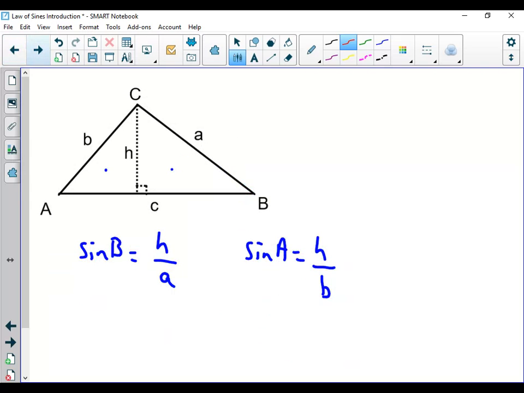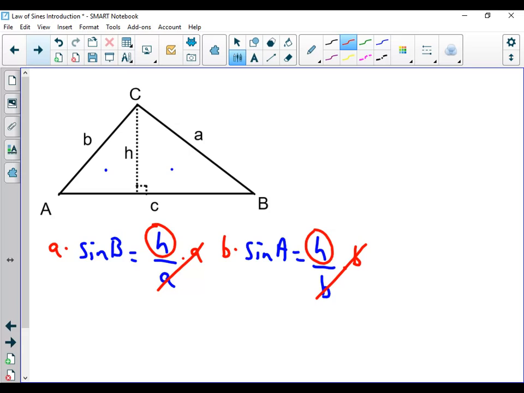So I'm going to try to get the height of the triangle here and the height of the triangle here isolated. Or in other words, I'm going to get rid of the fraction. So over here, I have the height is equal to A times the sine of B. Over here, if I get the fraction by itself, the height is equal to B times the sine of A. Well, did that height change from one triangle to the other, or was it the same length?